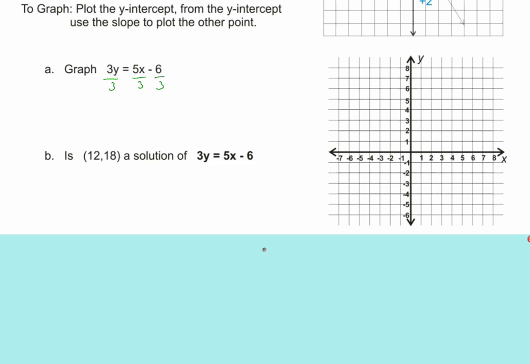Hopefully you're going to put this in a proper form first. Hopefully then you're going to graph your y-intercept first. From the y-intercept, you're going to use your slope. Going to plot your second point, and that's where your line is going to be.